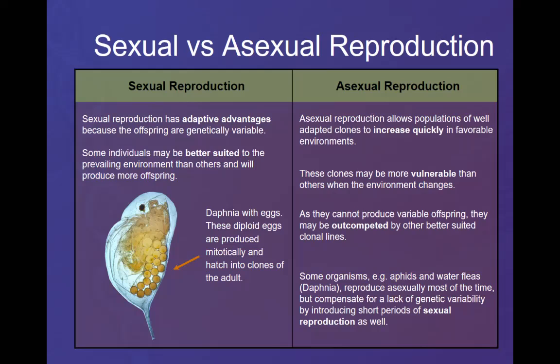Okay, that's different with asexual reproduction because asexual reproduction is allowing them to capitalize on a particular environment, but it doesn't necessarily allow them to adapt or change well if the environment changes. And these clones that we see from asexual reproduction are much more vulnerable to changes in the environment. Okay, you can produce a lot more quickly using asexual reproduction, but it doesn't give you the variation that makes sexual reproduction more favorable in a changing world. Okay.